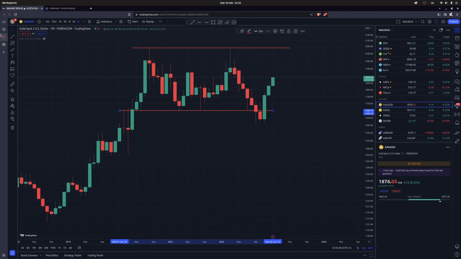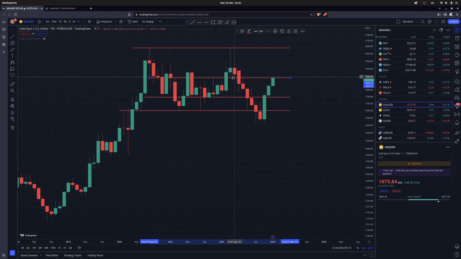Let's zoom in a bit. Something like that. Here probably too. At the level where we are right now. Because we had here, it acted as support.